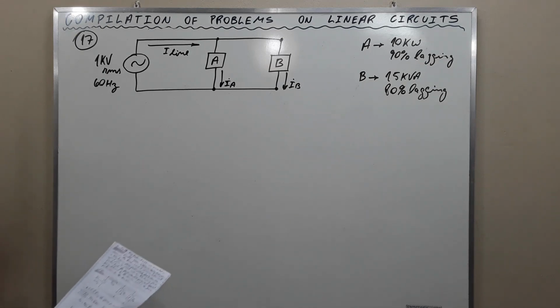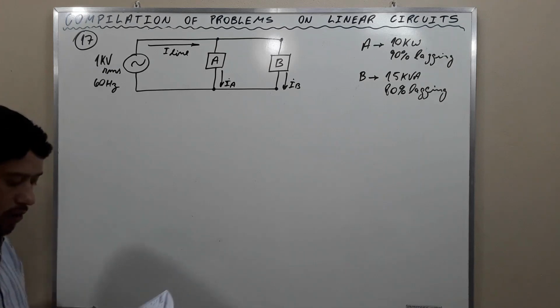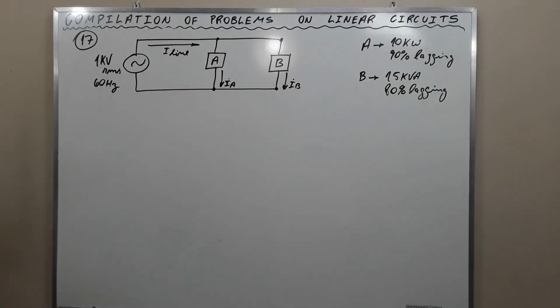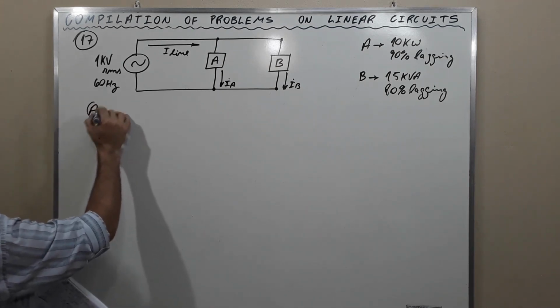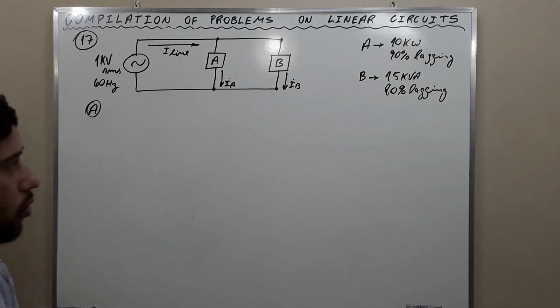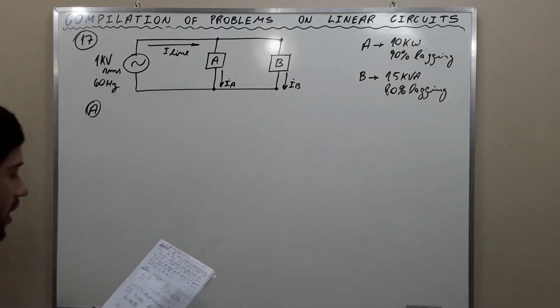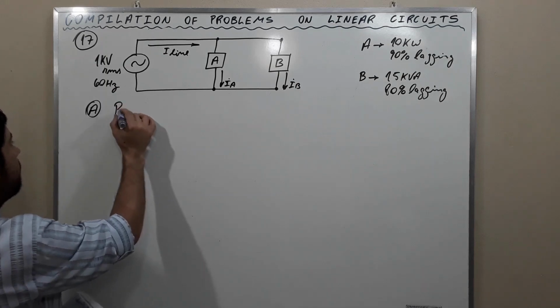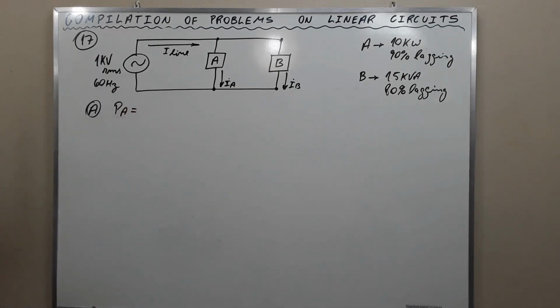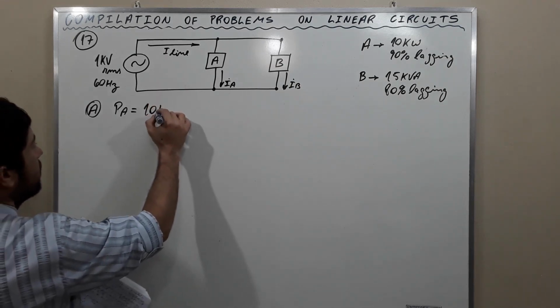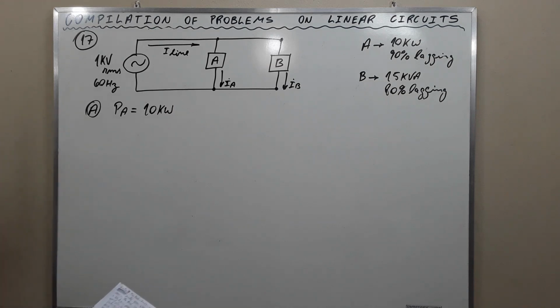Let's solve it. Firstly, we are going to calculate the powers for each load. Load A: the exercise said that the real power, or if you prefer the active power, for load A is 10 kilowatts, and that the power factor is 0.9 lagging.